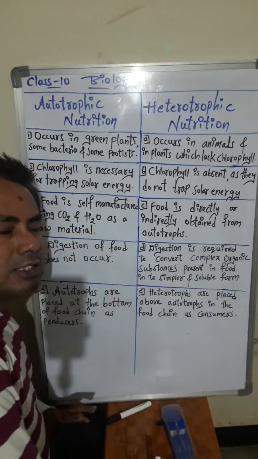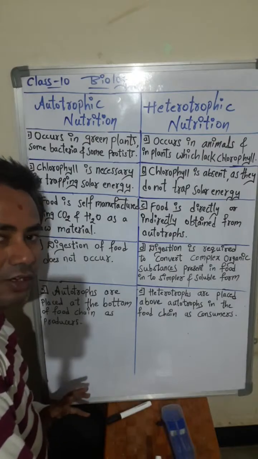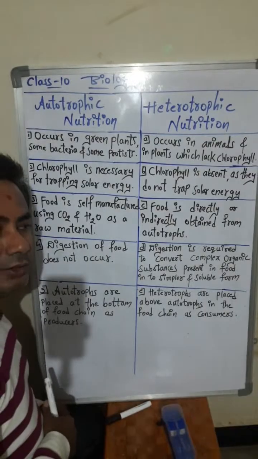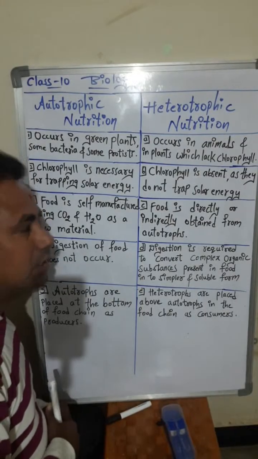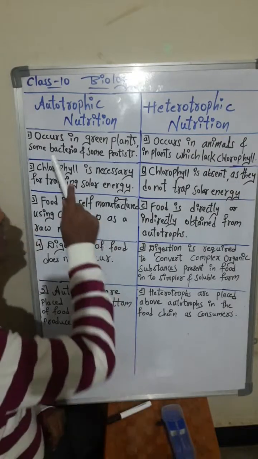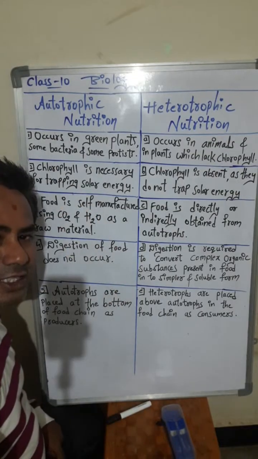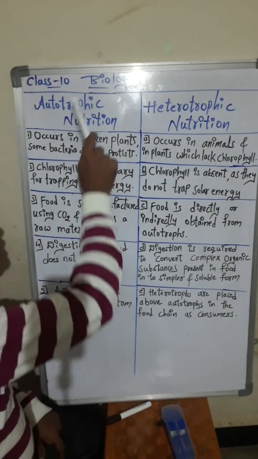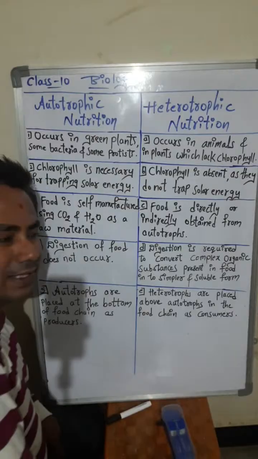The bacteria which use sulfur, iron and some other minerals and with the help of these chemicals prepare the food come under chemosynthetic bacteria. So both come under autotrophic, and some protists are there.